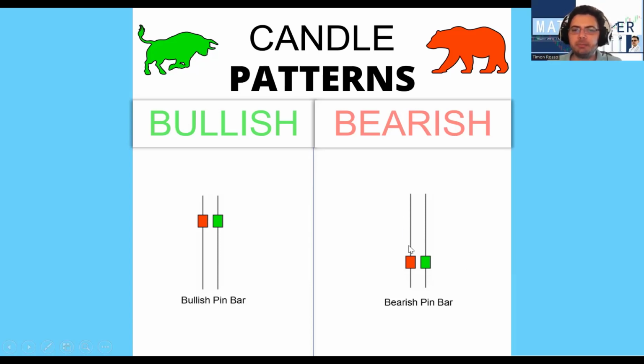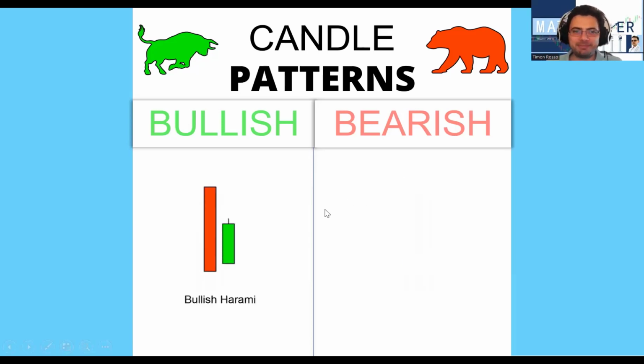Similar with the bearish pin bar, where it formed a bearish candle, the up candle went up, failed to confirm, went back down and closed above the close. So once again, these are not confirmation candles. These are just names of the candles that you can use. Bullish harami. So the bullish harami and the bearish harami.